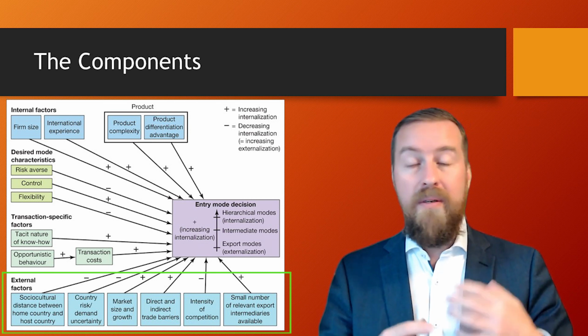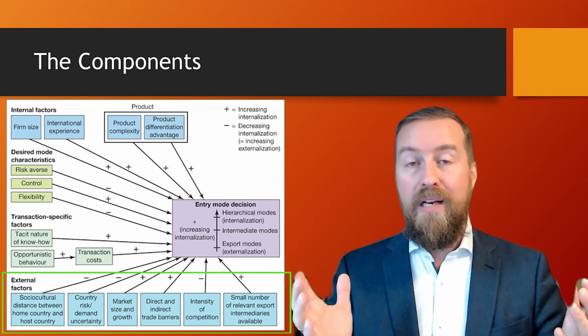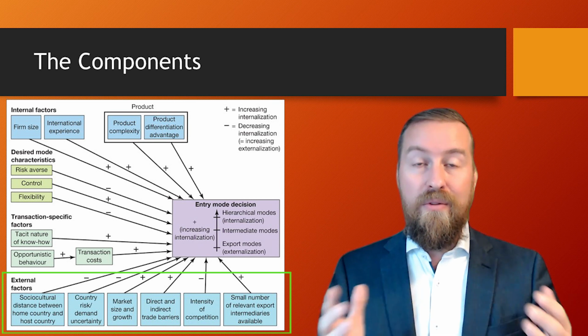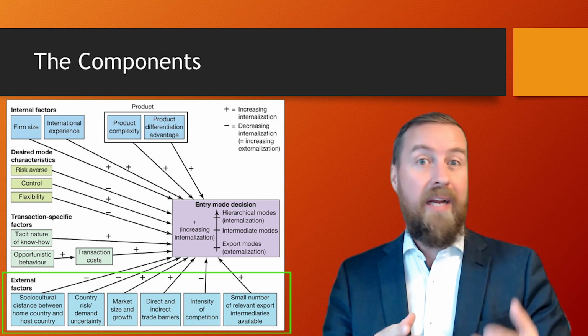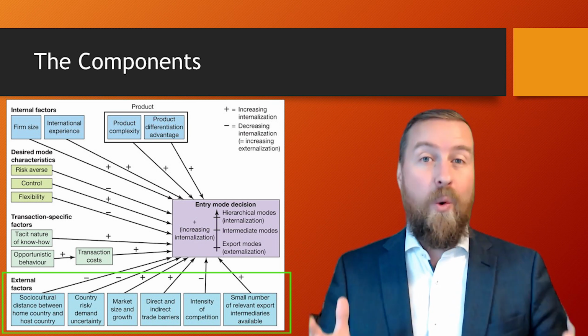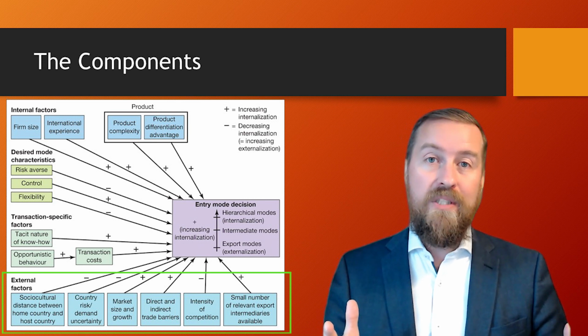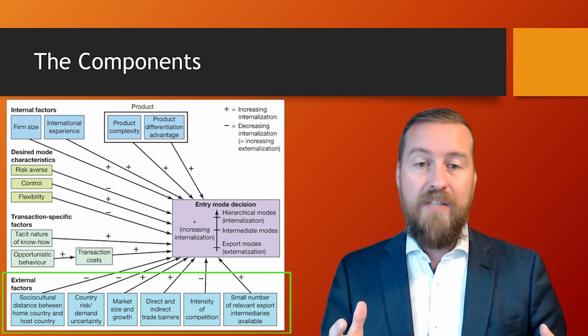Country risk, or how likely is this country to do things towards you? Are they likely to, well, take over your company after you establish it and it has become successful?